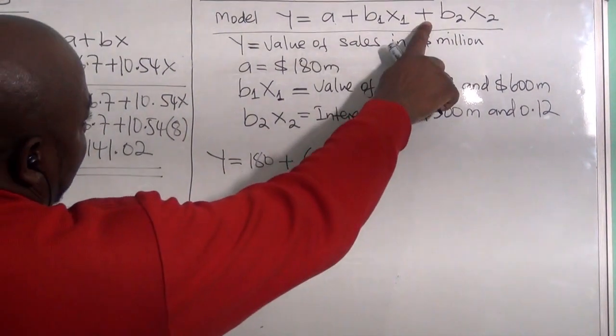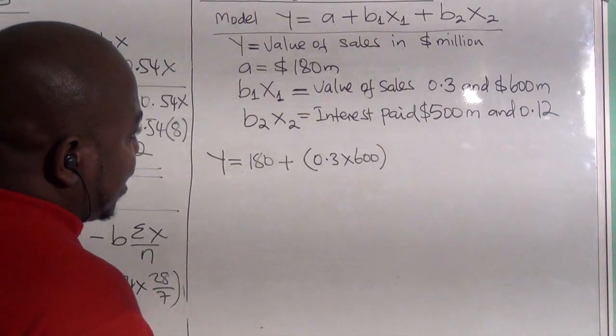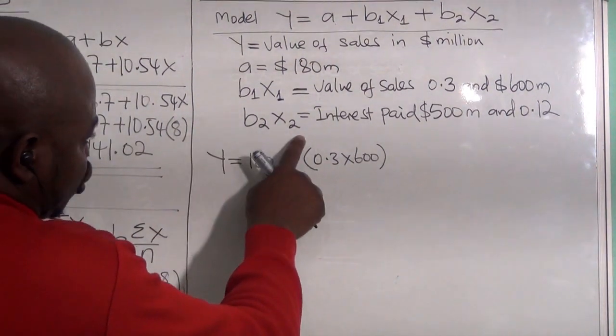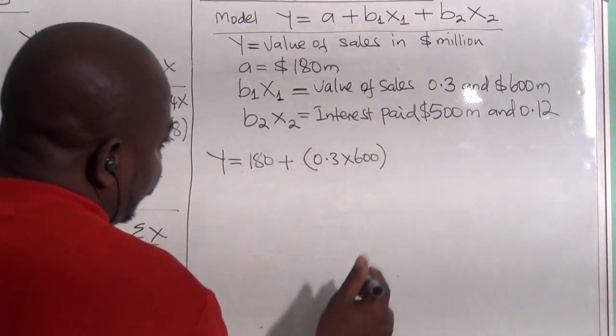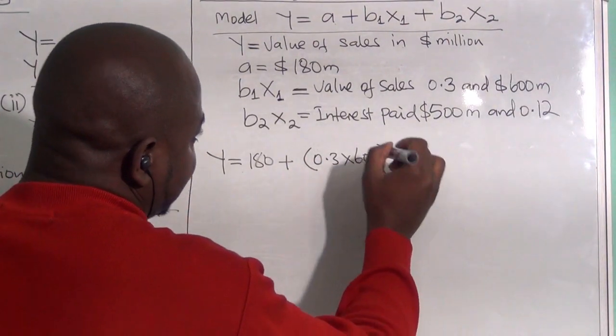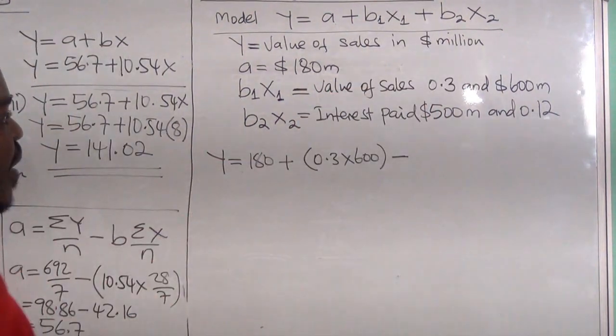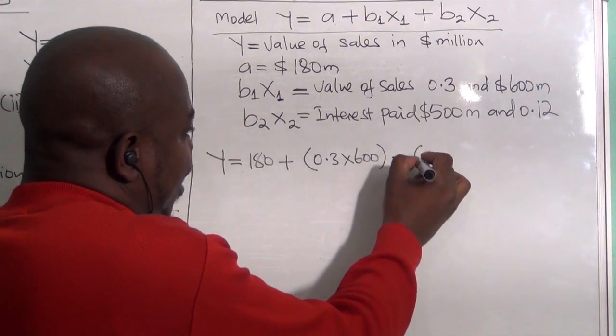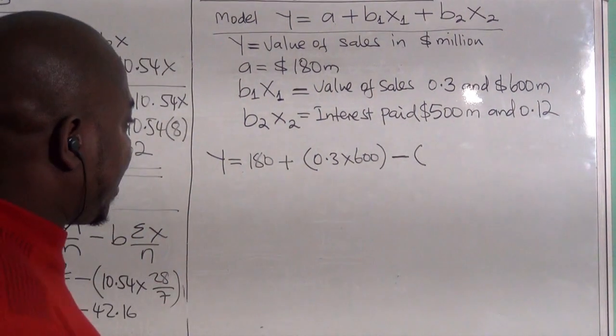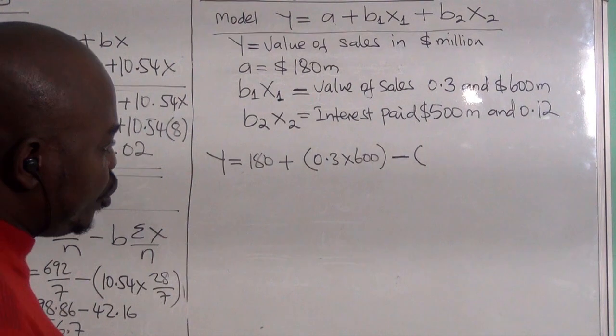As you can see there is a plus there, but B2 and X2 is interest paid, and interest paid basically reduces the sales value. So I need to put a subtraction here, even if the model which was given by the examiner is plus there, because interest basically reduces what? Sales. So I'll put the negative there to indicate that this is going to reduce the sales.